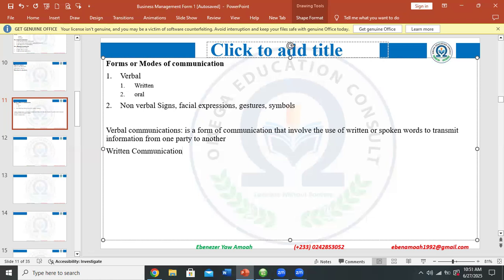So in defining written communication, we can say it's a form of verbal communication that involves the use of written words only to transfer information.